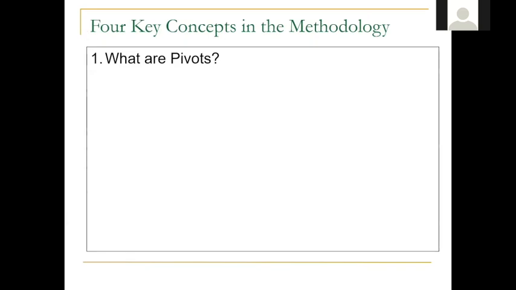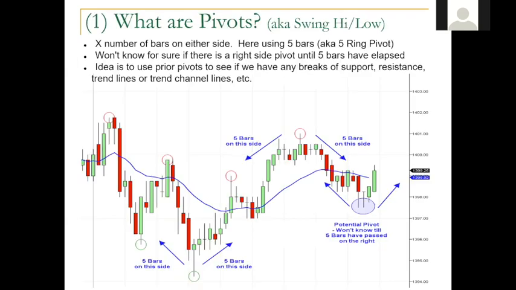Okay, so first one, what are pivots? What exactly is a pivot? Basically, the way I'm using it here, a pivot is another word for a swing high or a swing low. If you're familiar with the concept of swing highs and swing lows, that's exactly what it is. Basically, it's X number of bars on either side. Here I'm using 5-bar pivots. 5-bar pivots means there are 5 bars on this side, 5 bars on the other side.